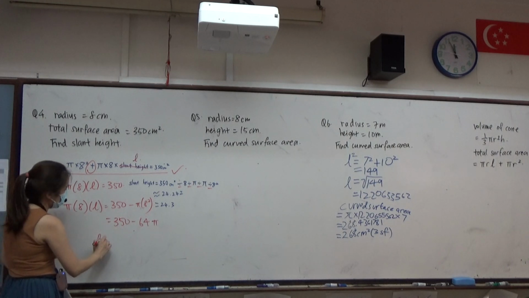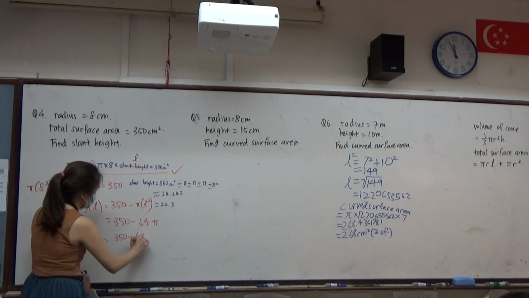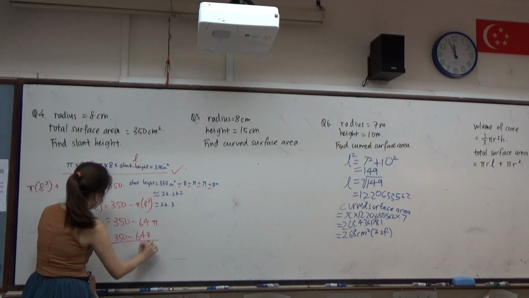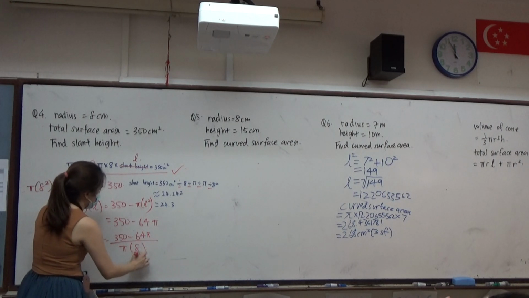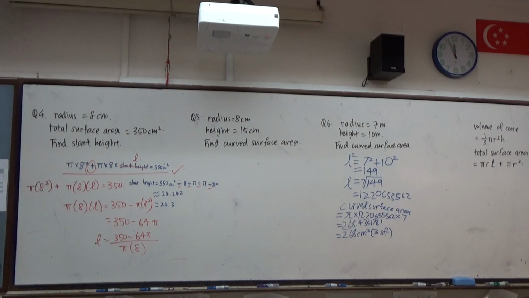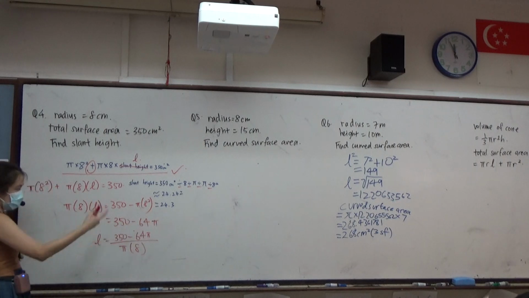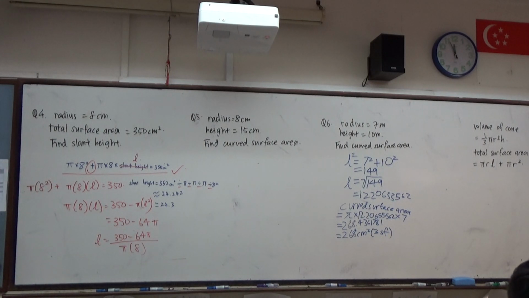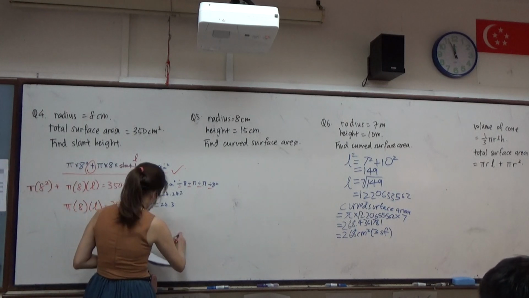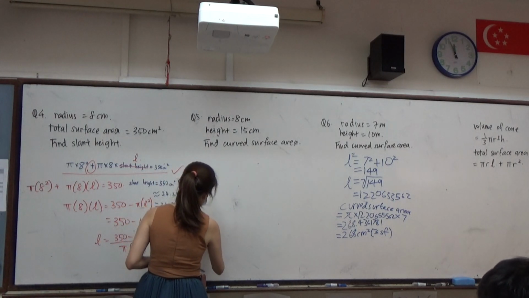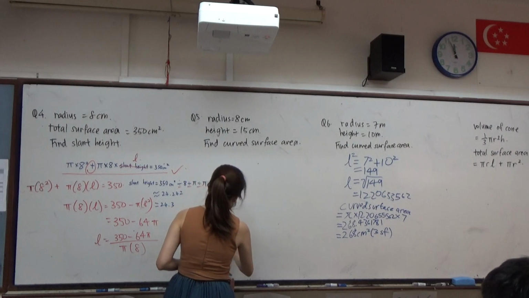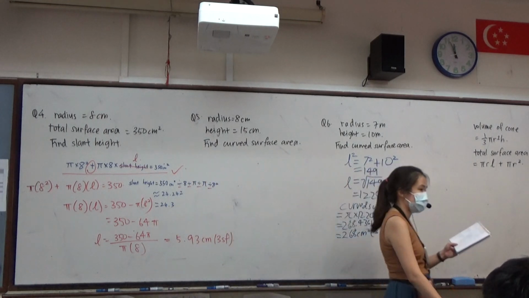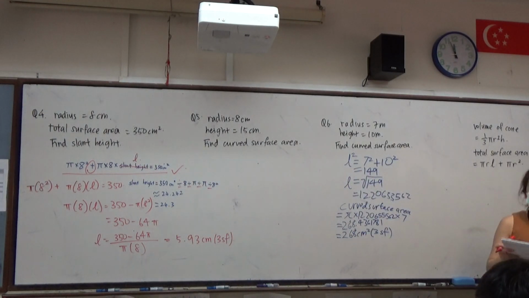Therefore, L equals 350 minus 64 pi, divide by pi times 8. You can write it as a fraction, or put brackets and then divide by 8, divide by pi. So Ren's answer is correct. You will get about 5.93 cm after rounding off to 3 sf. Any questions?